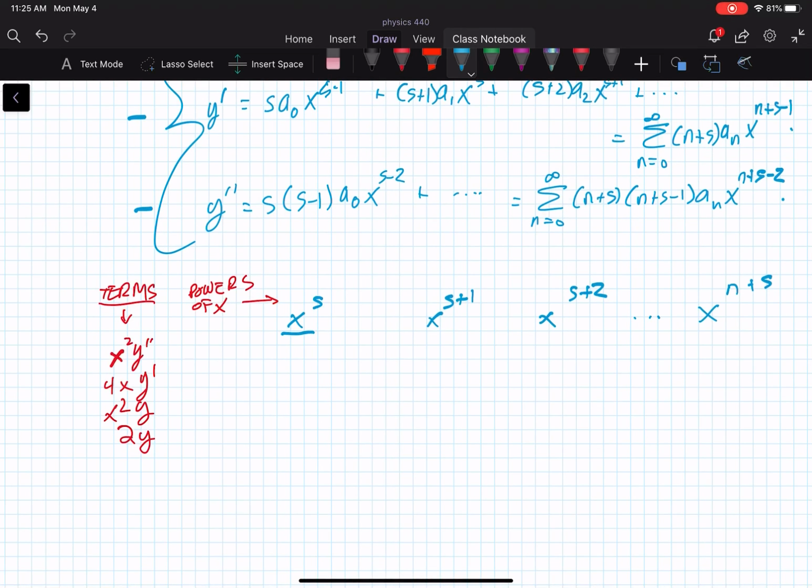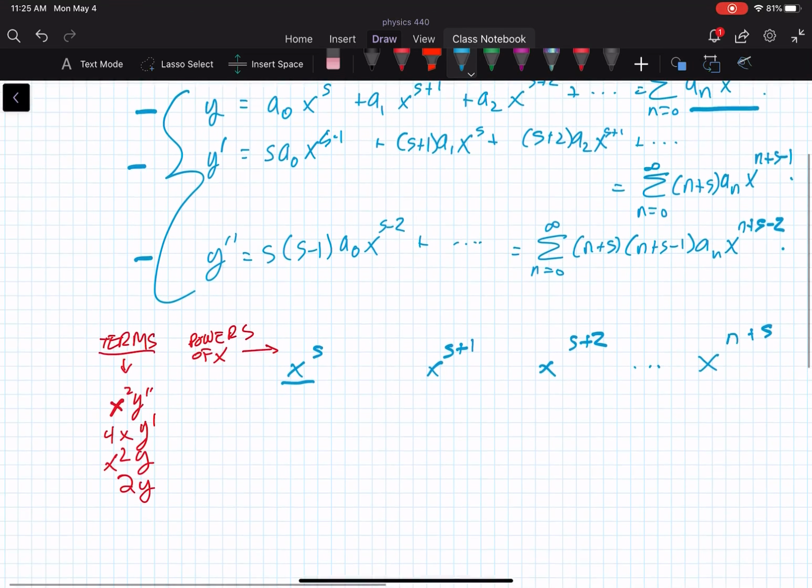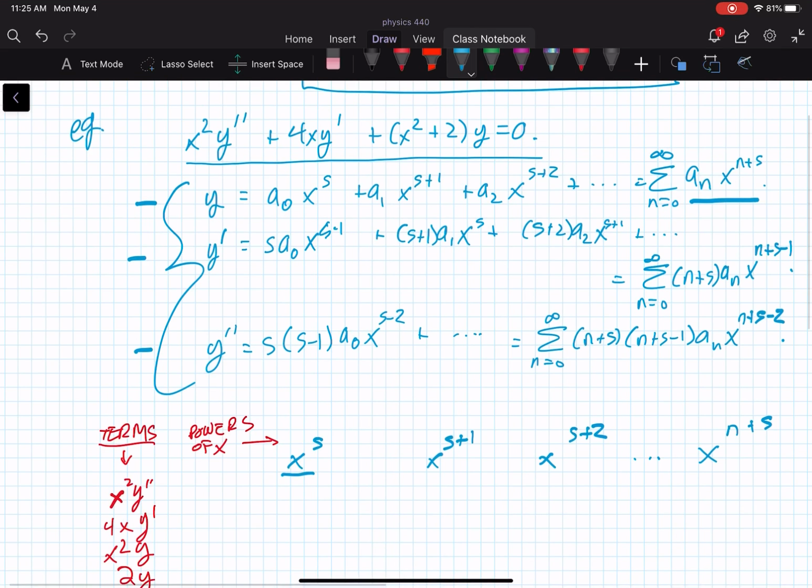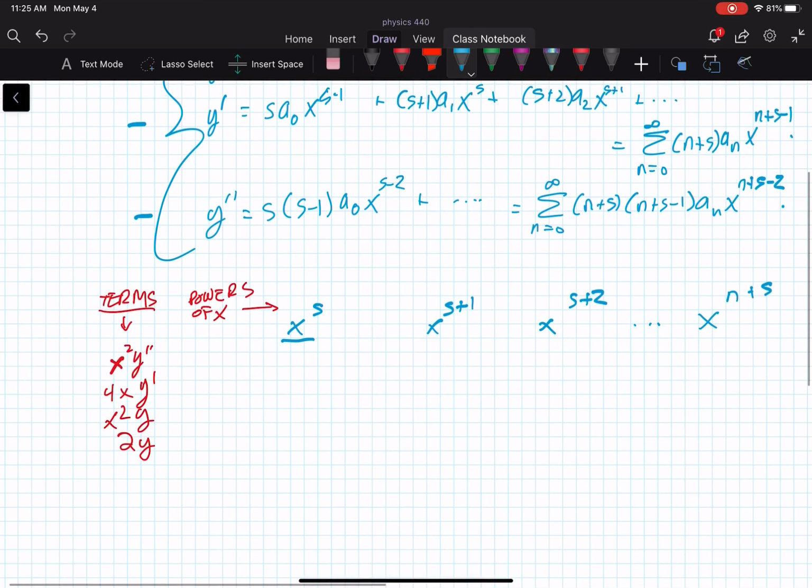So if we look at our x to the s power, that's when in our sums n is equal to 0, whenever we have y by itself. So we can go through these, and if you collect terms, you'll see that we get s times s minus 1 a naught, 4s a naught, this term has nothing, and this term is 2a naught.